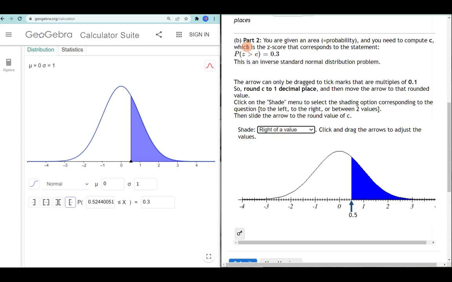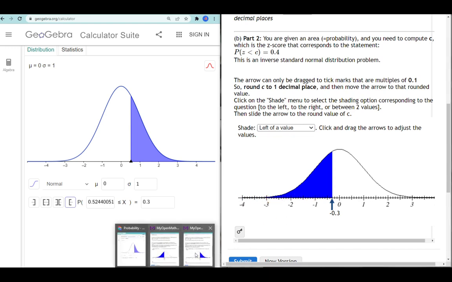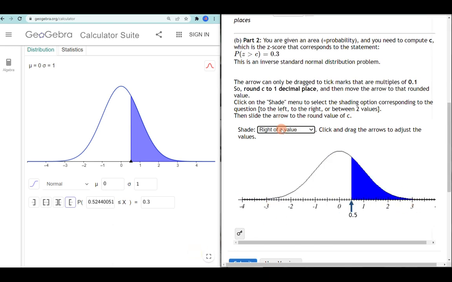Greater than means to the right of, less than means to the left of, because we are saying z-scores smaller than, z-scores larger than. Once you've figured out the shading, you select the correct shading, then you double click on the outside of the equation after the equal sign, enter in the answer you want, and your desired z-score will show up in the other box. Hope this helps.